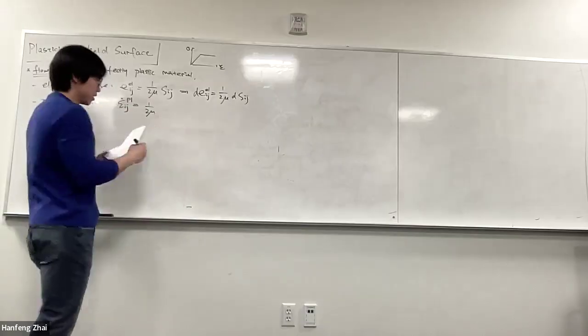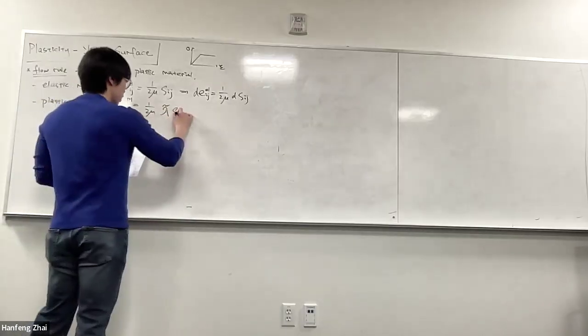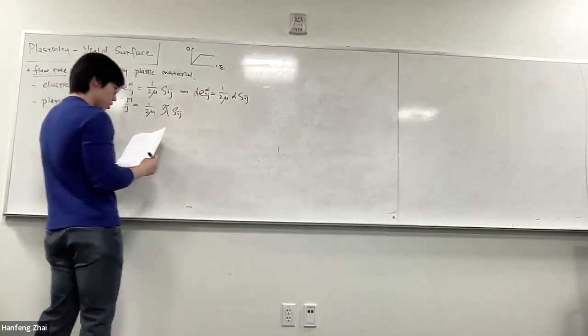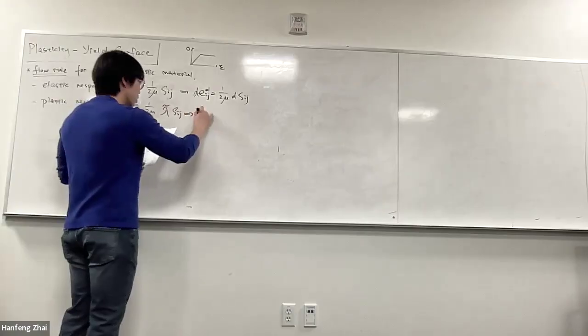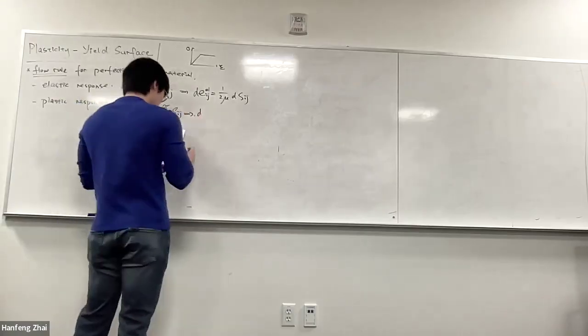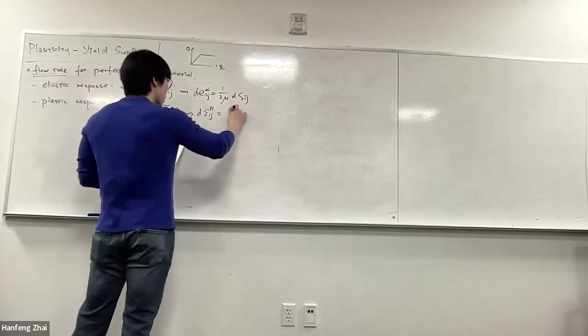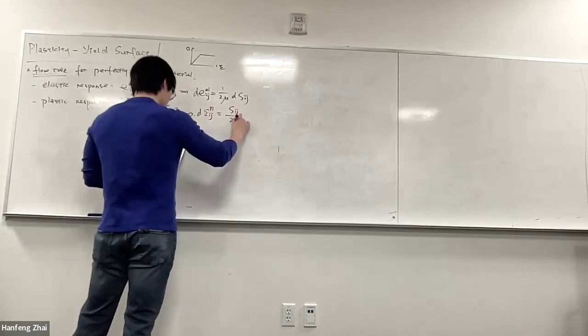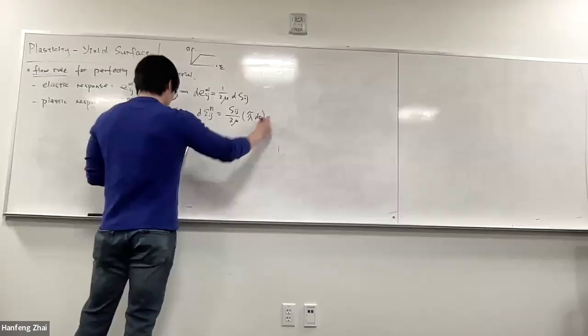Time derivative. Lambda tilde is the parameter that is elaborated in the lecture note, and hopefully delivered in the lecture. We calculate d epsilon_ij plastic is S_ij over 2 mu lambda tilde dt.